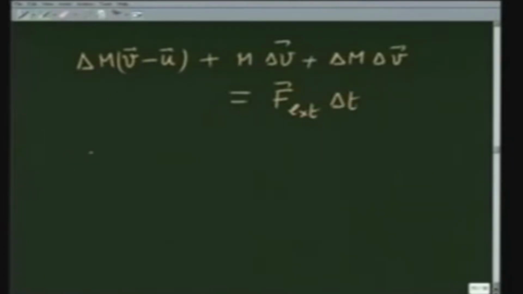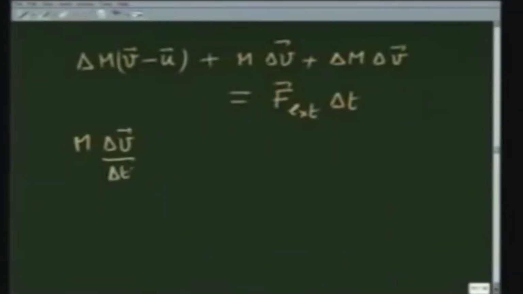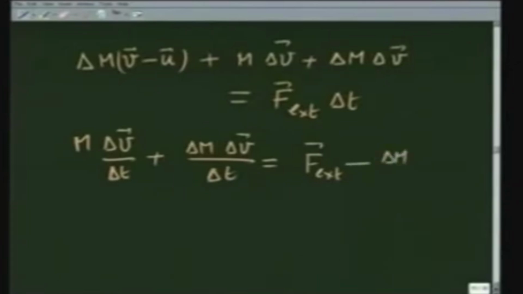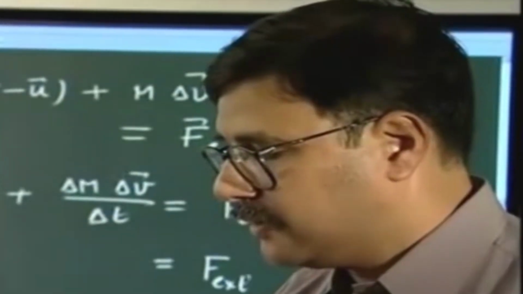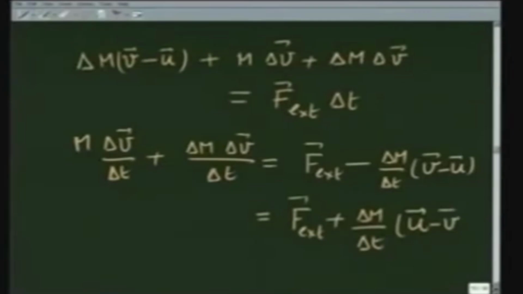Therefore, I have m delta v over delta t plus delta m delta v over delta t is equal to F external minus delta m over delta t times v minus u, which I am going to rewrite as F external plus delta m over delta t times u minus v.